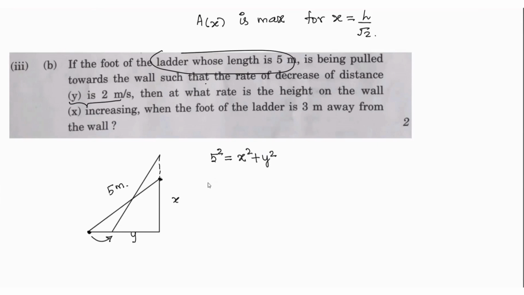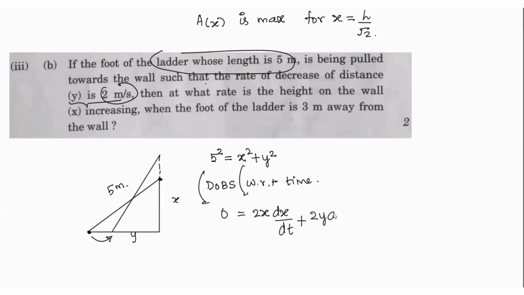So if I differentiate on both sides, not with respect to x, but with respect to time, because the rate of decrease is given as 2 meters per second. If you differentiate this, it becomes 0, because it's a constant. If you differentiate x square, it becomes 2x dx by dt plus 2y dy by dt.